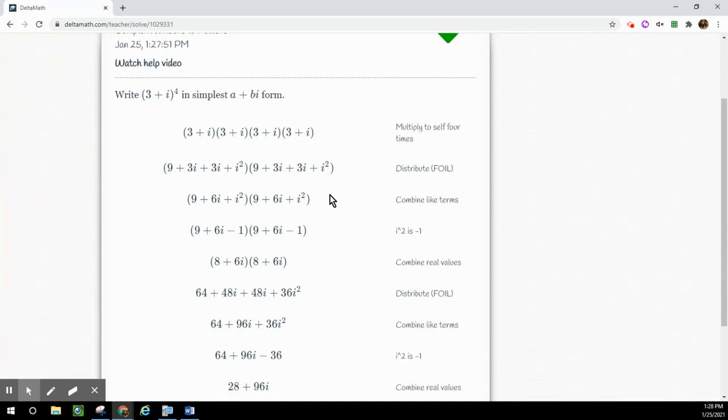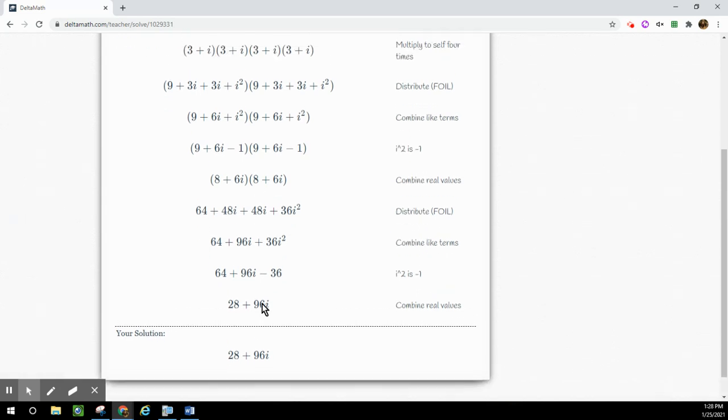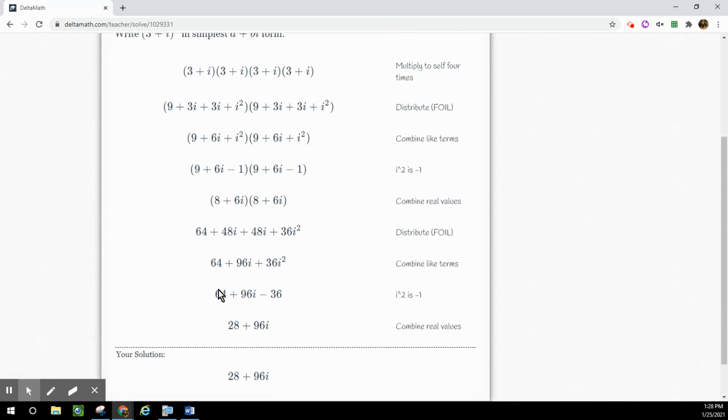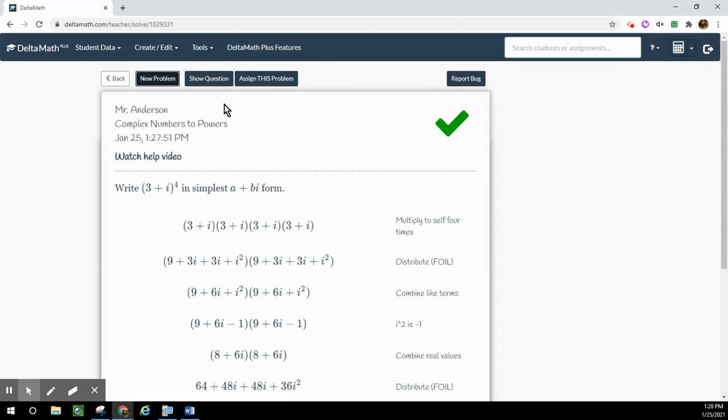And again, here is how we would do this without a calculator to get to the same answer. I would probably use a box method. I would square it and square it again, which is essentially what they do. It doesn't necessarily need to look like all of these same steps, but you do get 28 plus 96i.